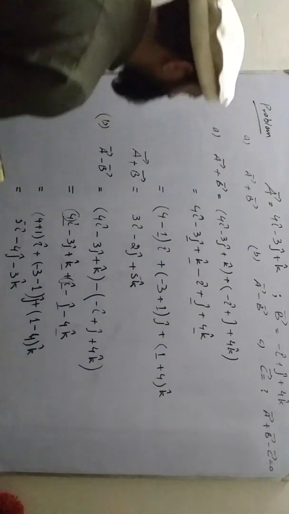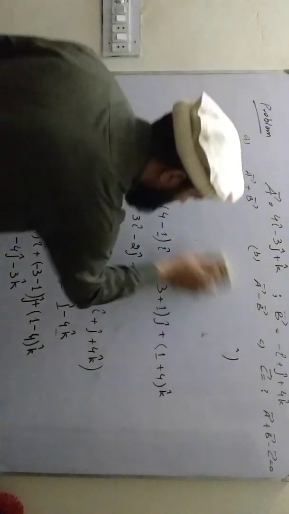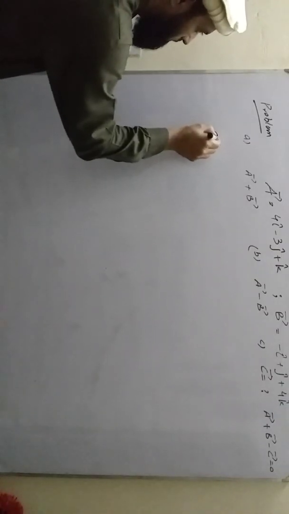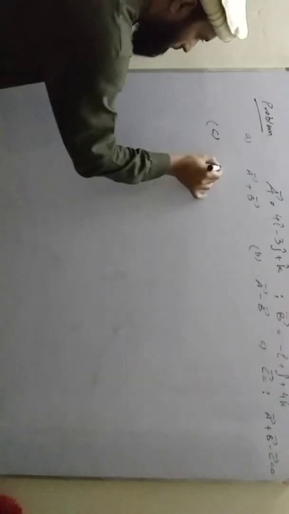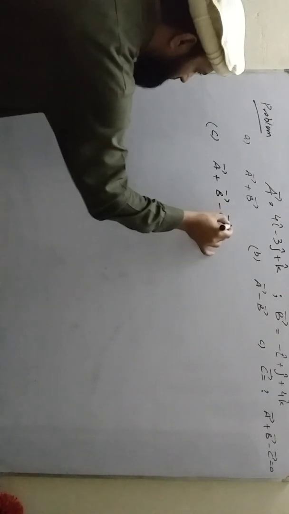Part C is to find the vector C such that A plus B minus C must be equal to 0.